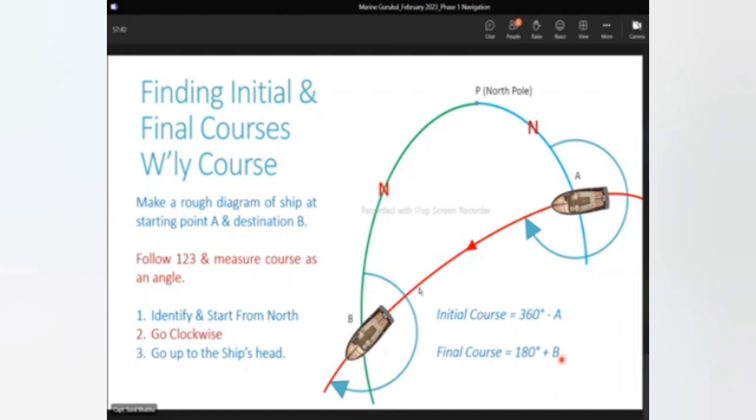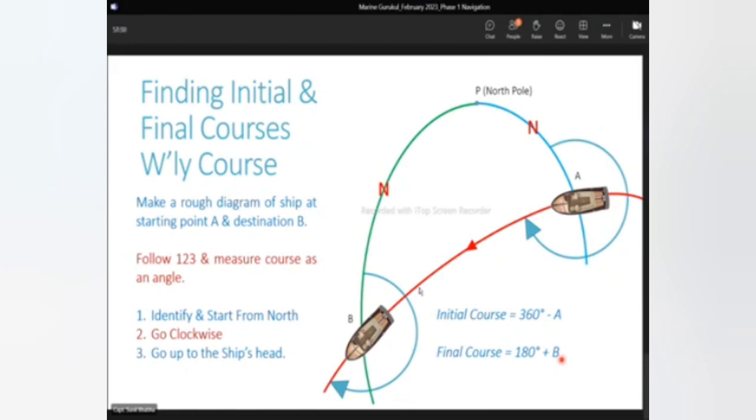From these two angles, once you apply the 1, 2, 3 method, you will get the courses. Right, beta? Understood? Yes, sir.